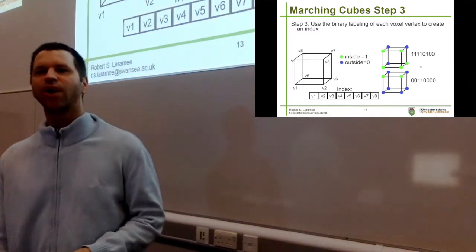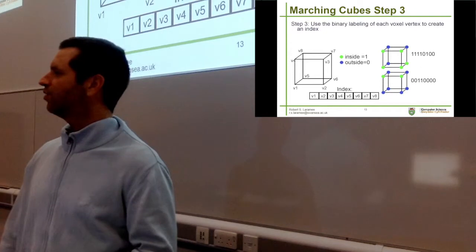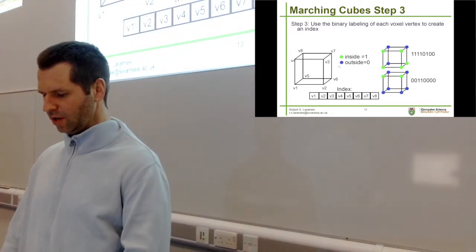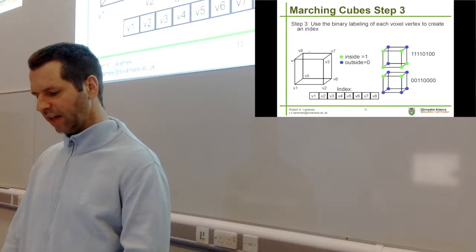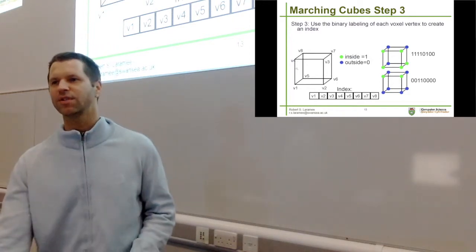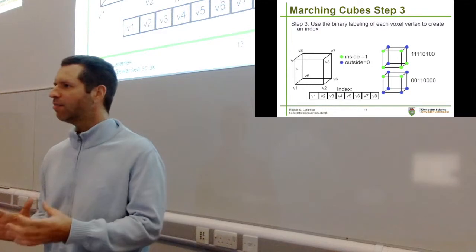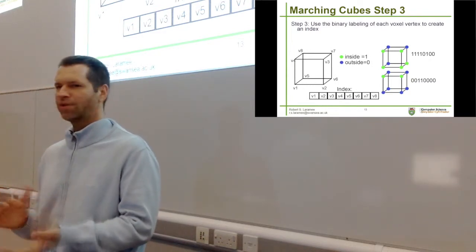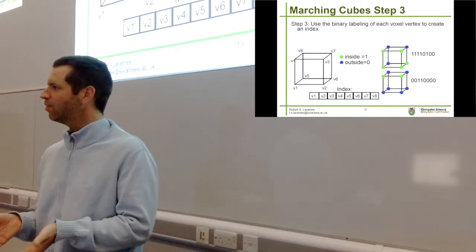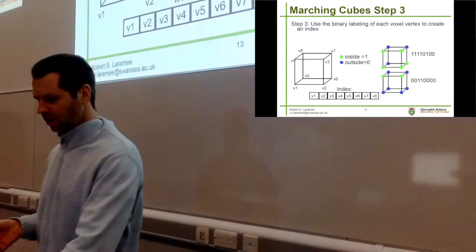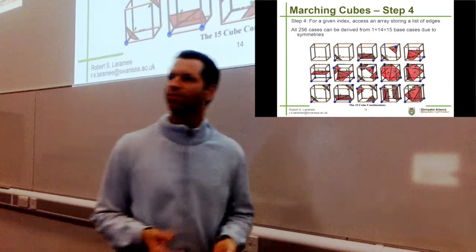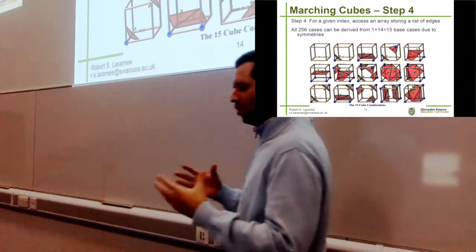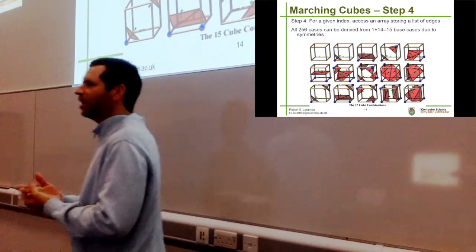There are only 256 possible different indices, or different classifications of the vertices. It's a very finite number. Therefore, you can predict the corresponding edges for all 256 cases. You can compute them or predict them and use that to store a lookup table.